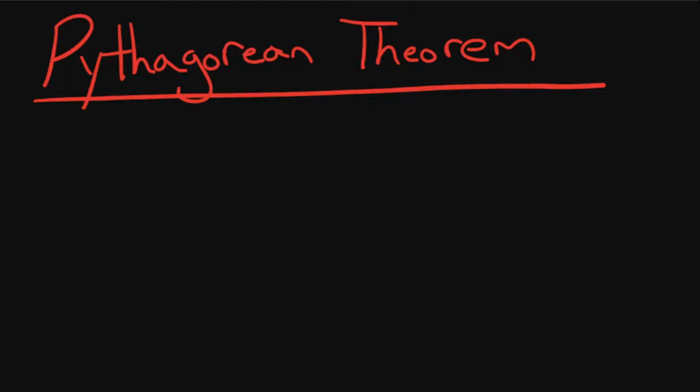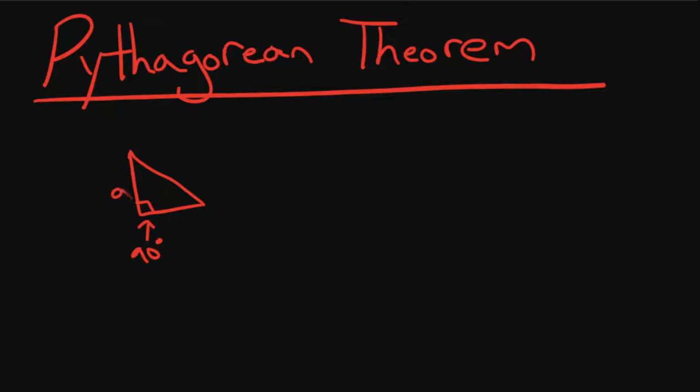He came up with, discovered, a formula that applies to all right triangles. Right meaning it has one angle that has 90 degrees.